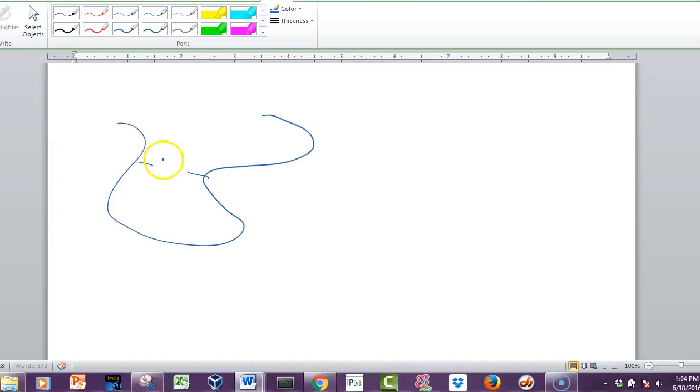There's one example of a covalent bond, and that's called a disulfide bridge, and that's between cysteines.